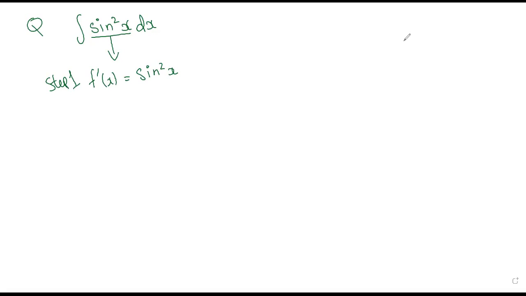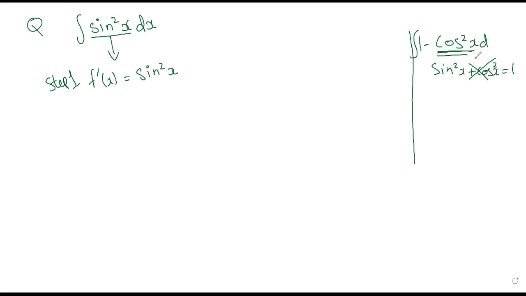Yes, this is also a trigonometric identity, but if you use 1 minus cos square x, again the question would come on cos square x, okay? So if you use this identity, sine square x plus cos square x equals 1, this would not help you, because you will end up getting 1 minus cos square x, and again you will be integrating it, and again you'll think of a derivative.